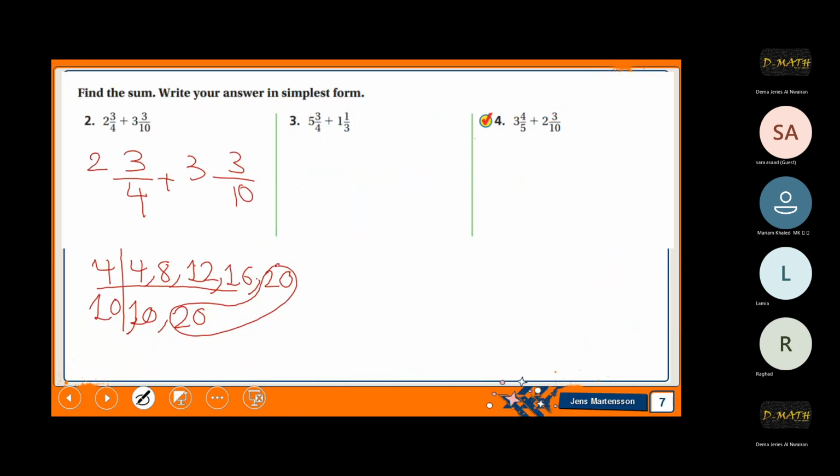Bravo. So the common denominator here is 20. Yes.